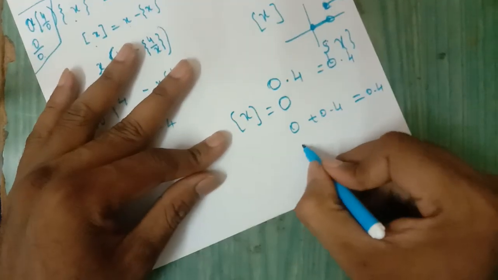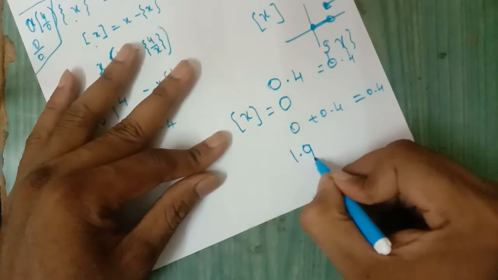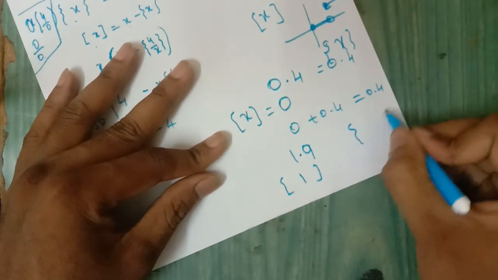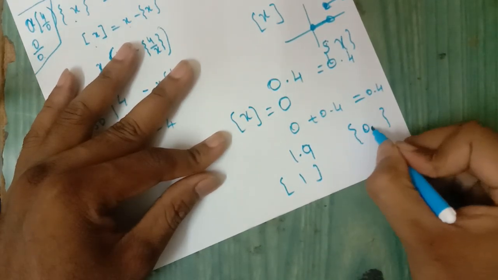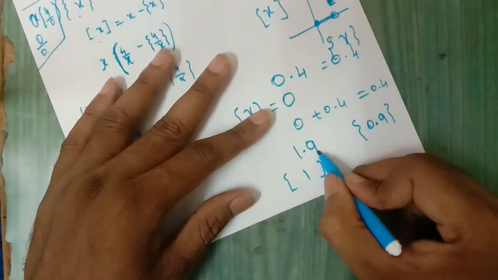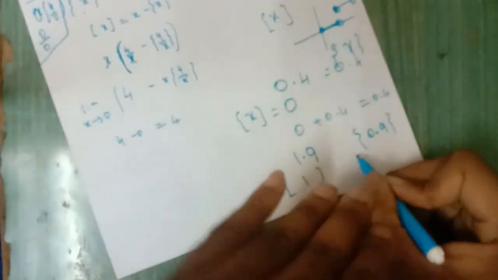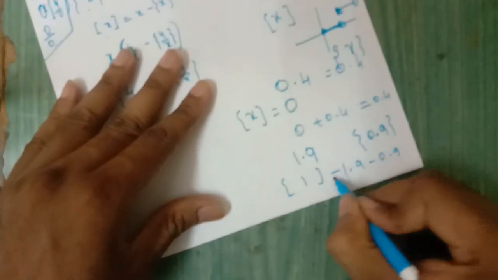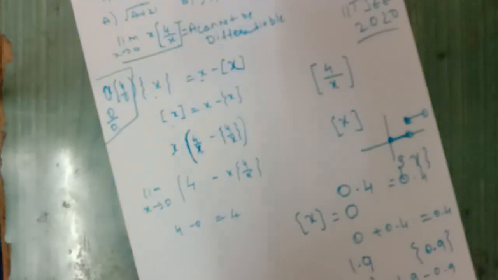Even for any other number, say 1.9, the greatest integer function will be 1, and the fractional part function will be 0.9. If we add these two numbers, we get 1.9. In the same way, we can also subtract: 1.9 minus 0.9 is equal to the greatest integer function, that is 1. So this is how we understand the greatest integer function in this whole given question.